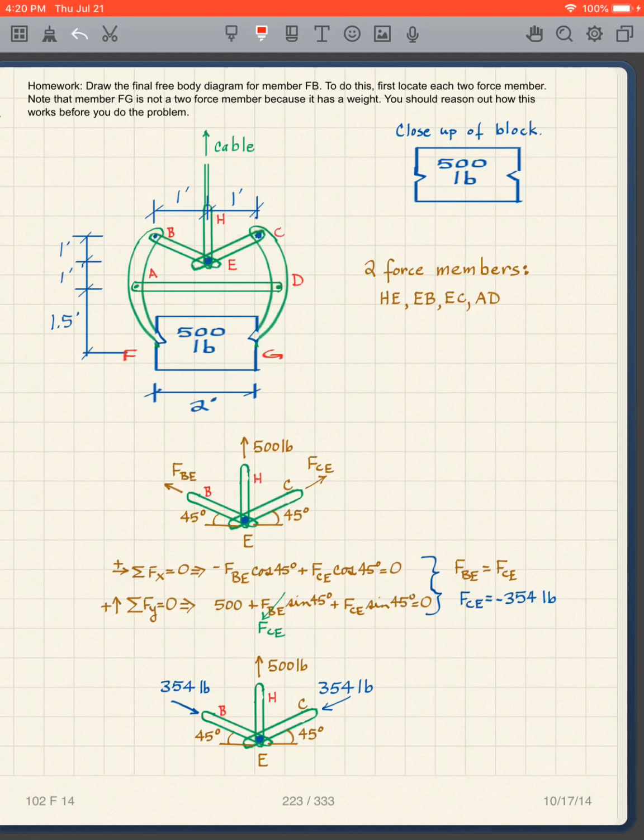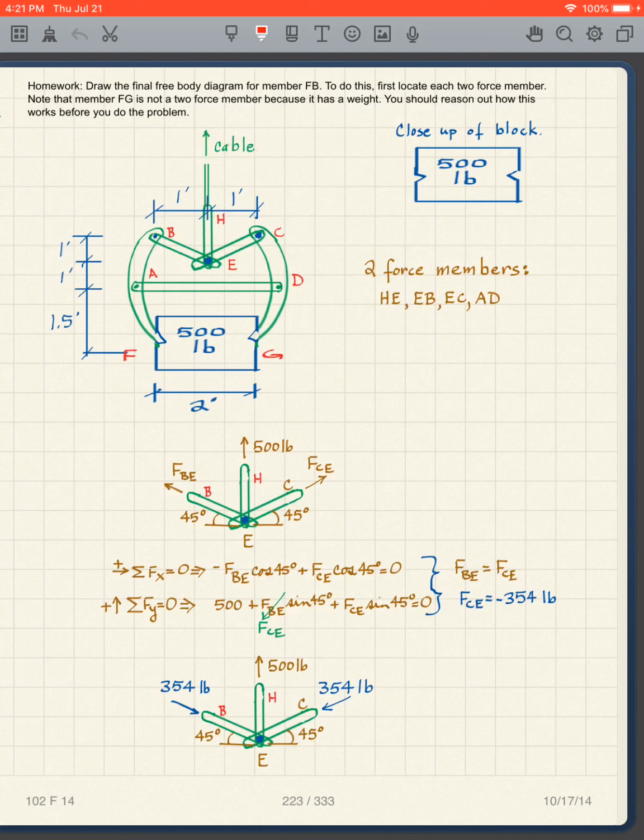I can take a free body diagram of this portion, and notice we are going to assume that this is weightless, so the actual tool has 0 weight, and that means that when I lift this up with a cable, I'm lifting 500 pounds, and it becomes obvious this force here is going to be 500 pounds as we lift it.